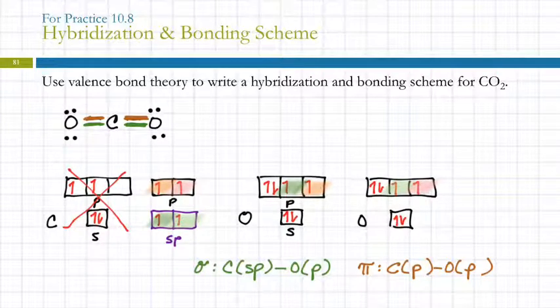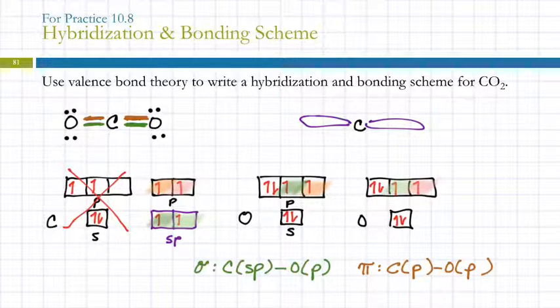Now I'm going to draw the picture too, just so that we can see what we were trying to visualize in our heads. So the carbon has sp hybrid orbitals, one there and one here. Each of those is one orbital.